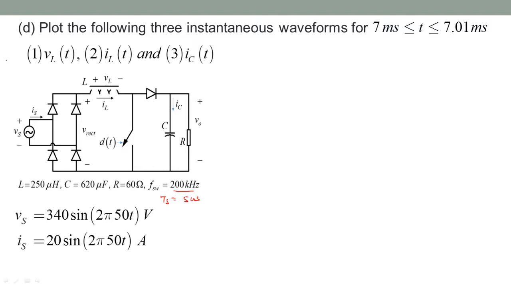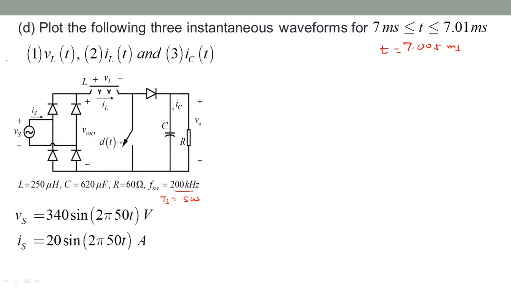So you have 2 switching periods. In order to draw these waveforms, first we should know what is the value of different parameters at t equals, so we will select 7.005 milliseconds. Okay, and then assume that is the value during this interval for many of these cycle by cycle average values.